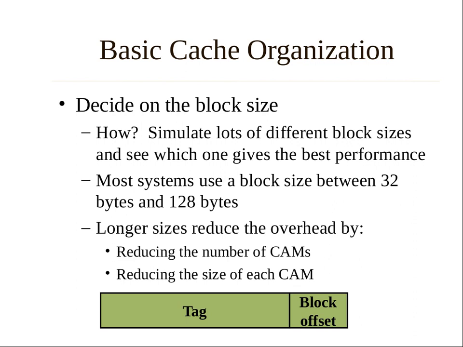How many bits are 32 bytes? Right, I know this is kind of confusing. The block size is 32, so each of these blocks over here are going to be 32 bytes in length. So the block offset needs to reference 32 bytes. How do we reference from 0 to 31? 5 bits.